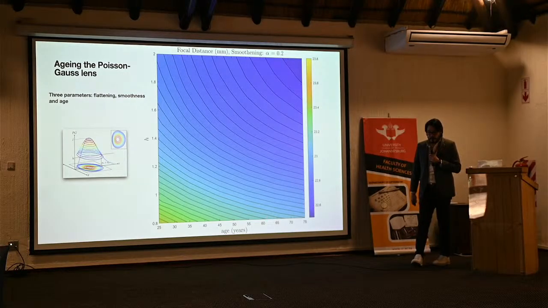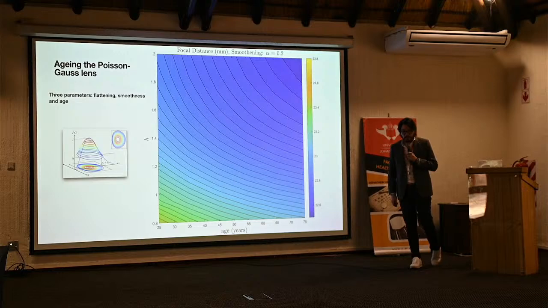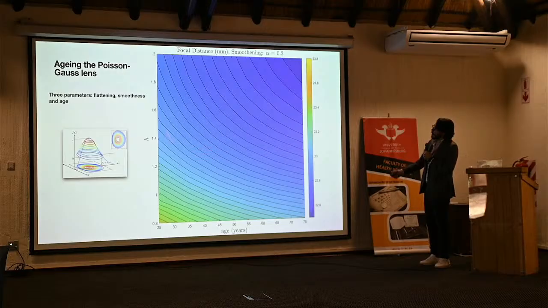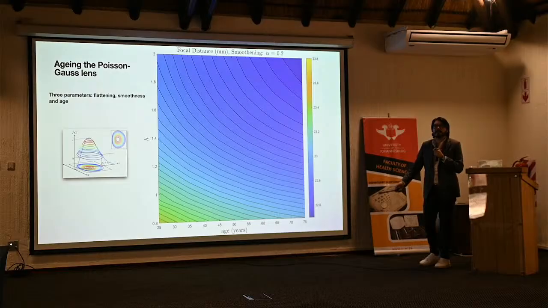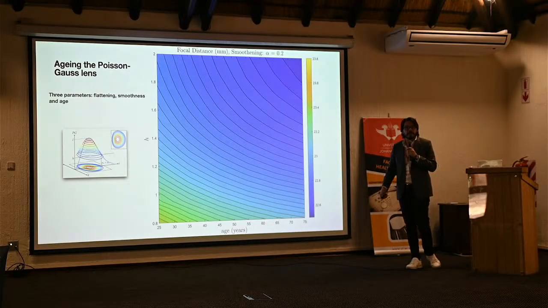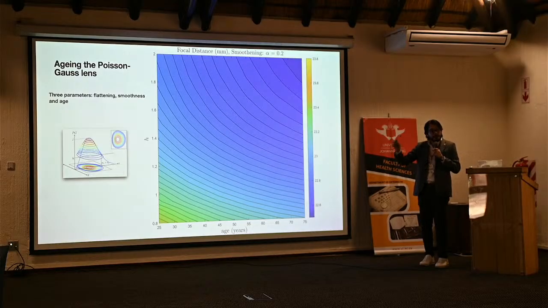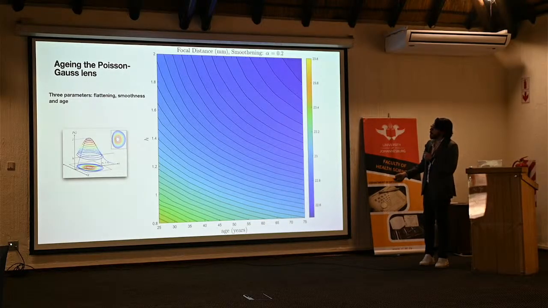And we are also working on publishing this code to be open source. In this color map, we can see the focal distance, that is the paraxial focus of the eye. And not only the lens, we are considering a cornea, a schematic eye model.